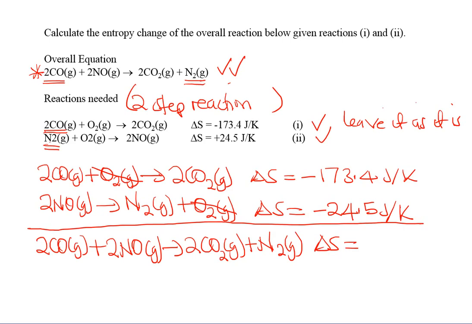So what I do with the entropies, I will just add them. So when I add the 2 entropies, the final entropy of this reaction becomes negative 197.9 joules per Kelvin. So that's how we solve a 2-step reaction to give us an overall chemical equation.